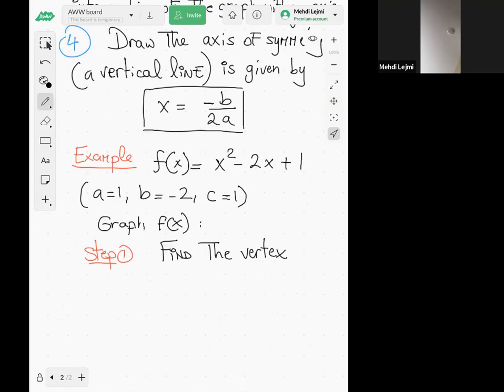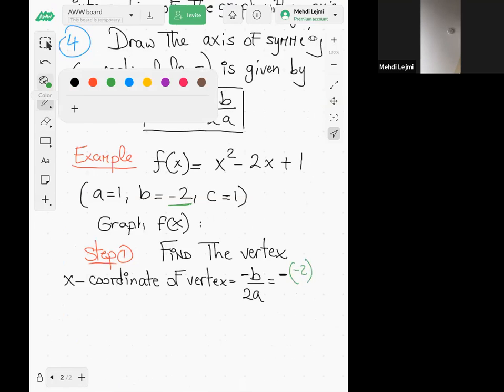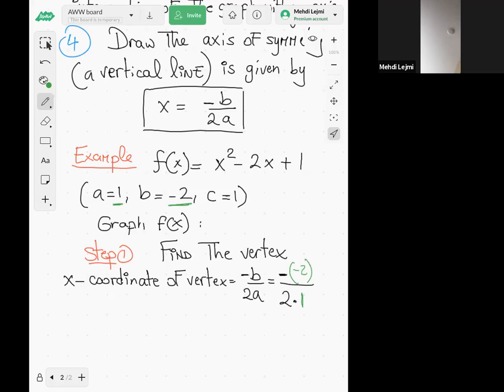So the x coordinate of the vertex is supposed to be minus b over 2a. My b is negative 2, so it's minus negative 2 over 2 times a. a is, of course, just 1, so times 1 here.